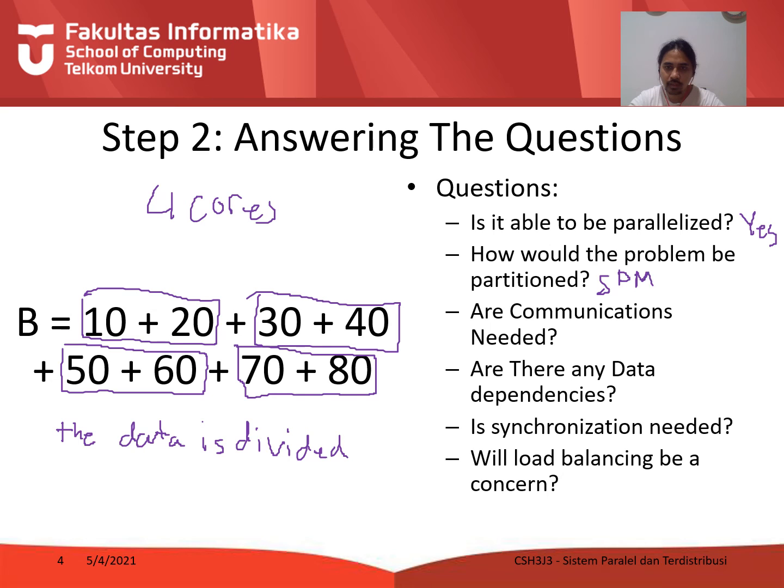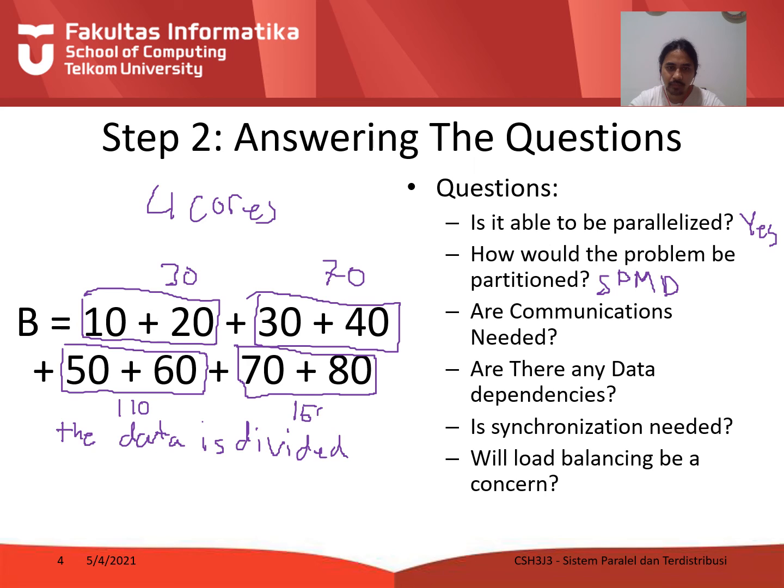Are communications needed? There are several types of communication: point-to-point and collective. Here, the operations will be 10 plus 20, which is 30, 30 plus 40, which is 70, 50 plus 60, which is 110, and 70 plus 80, which is 150.